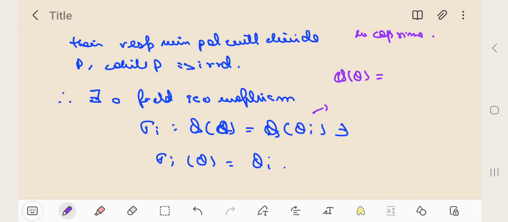If you recall the way we constructed the evaluation map, Q(theta) is defined as Q[t] quotiented by p(t), where p(t) is the minimal polynomial. This isomorphism comes from the evaluation map phi evaluated at theta.